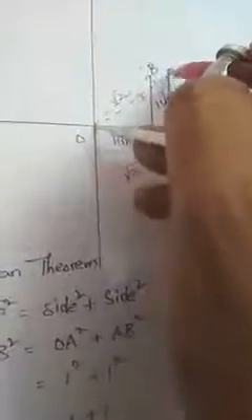So I'll take a compass, I'll put the distance of OB1 and I'll draw a line like this. Suppose it touches the number line at A2. Therefore the OA2 value is root 3 units. Similarly I'll construct the other values.